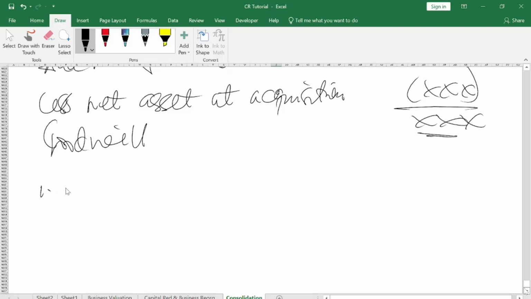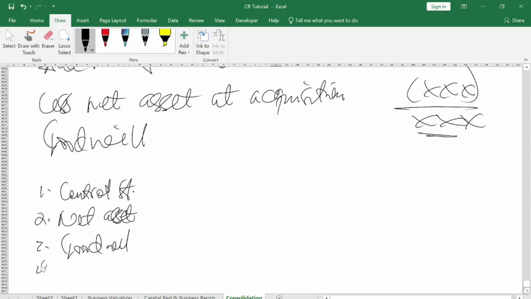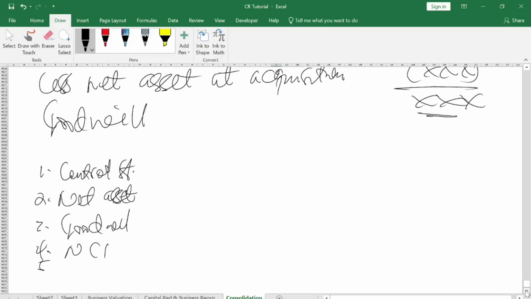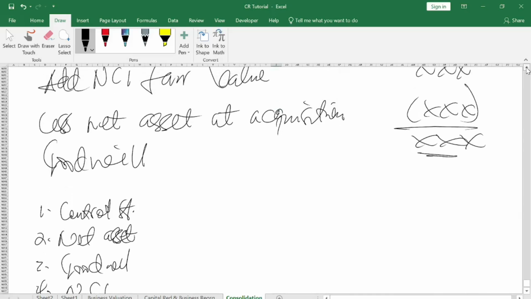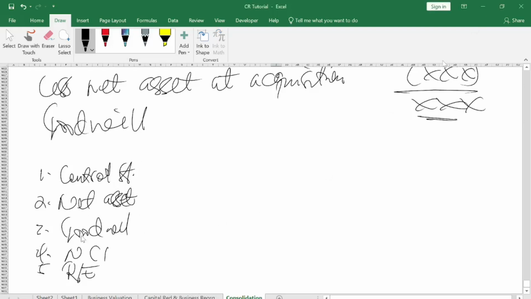You have to do the control structure, determine the net asset of the company, determine the goodwill, determine the NCI, determine the retained earnings. This is the process that you use to do the IFRS 3, business combination.